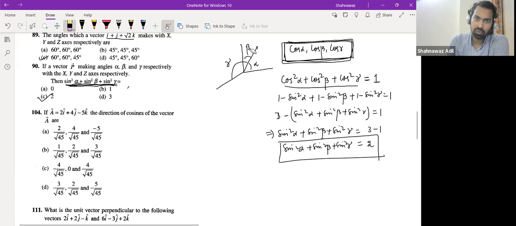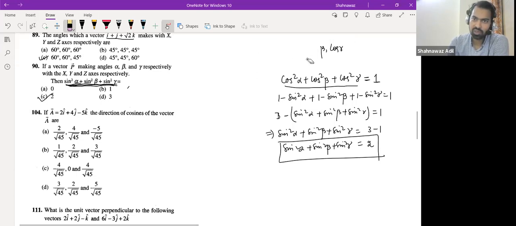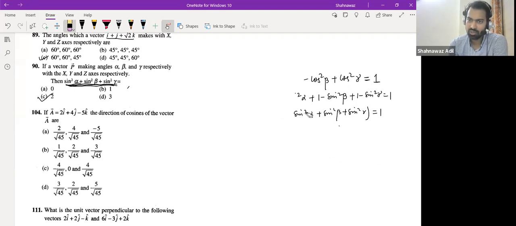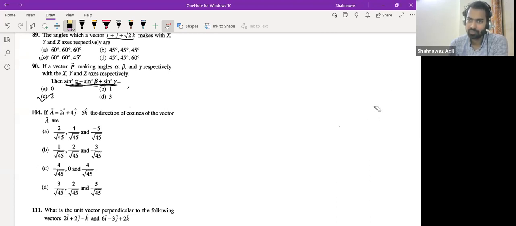Okay, so the next question you guys calculate and get the answer, because that is a direct question. So question number 10. Guys, calculate and tell me the answer. So the direction cosine of the vector here.